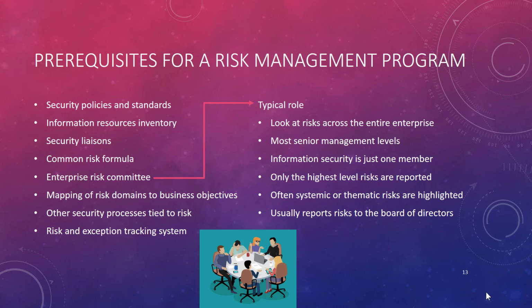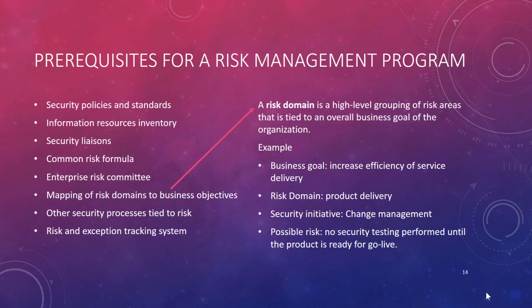Just as the slide indicates, information security is just one member. There's a focus on the highest level risks and a methodology to do that differentiation between different risks. And then you're looking at systemic or large-scale risks. Those are generally reported back to a board of directors.